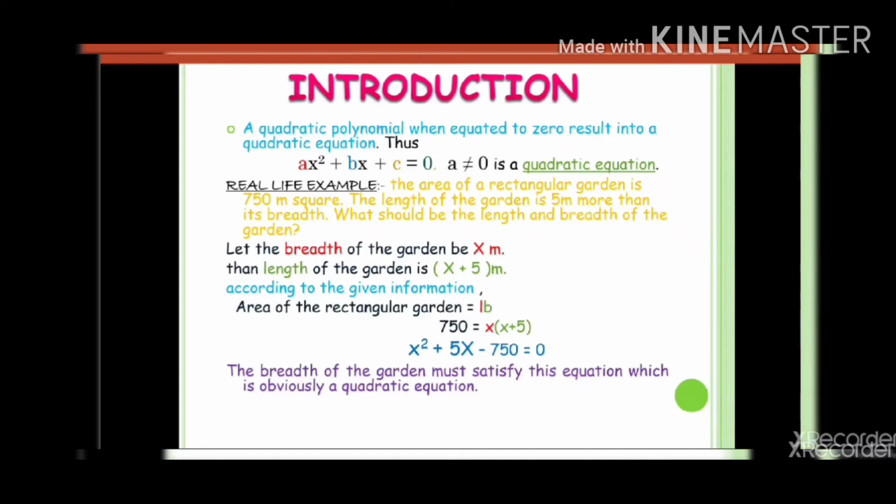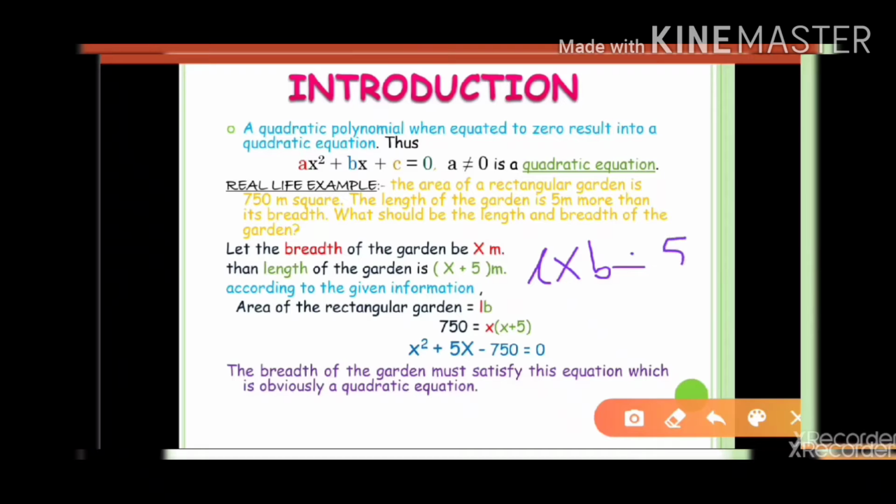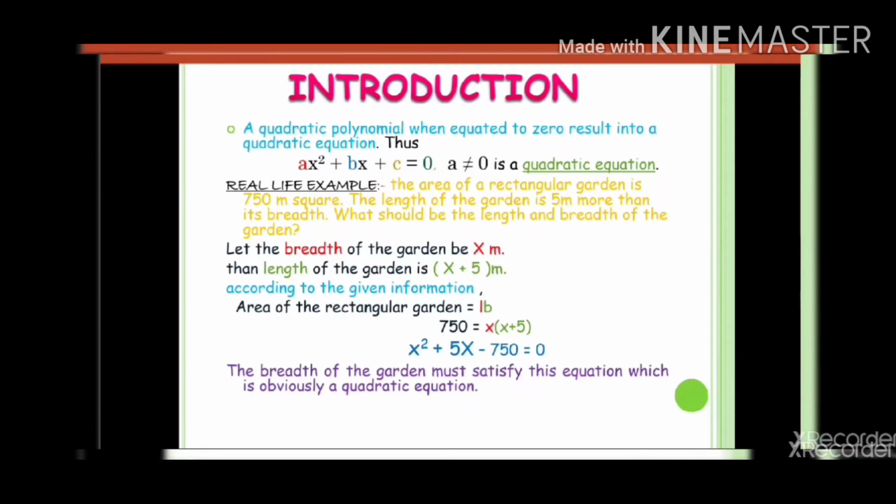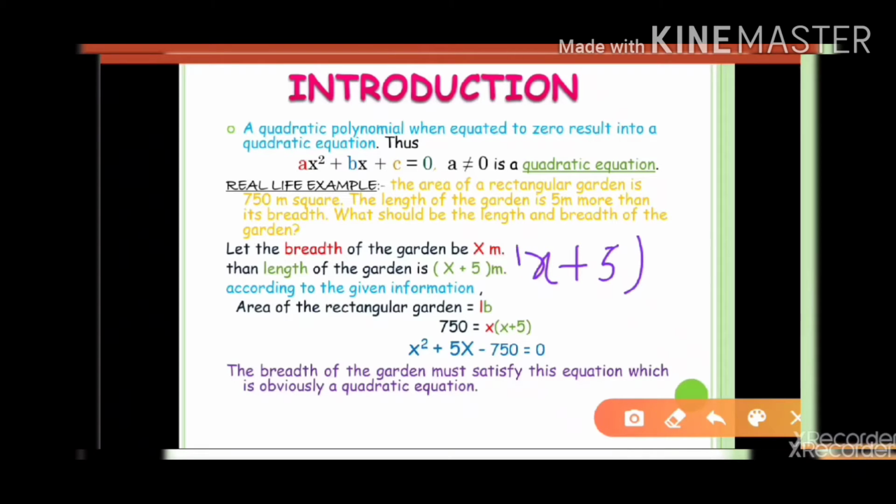Therefore we can write length into breadth is equal to 750. The length is x plus 5 and breadth is x, so (x plus 5) into x is equal to 750.